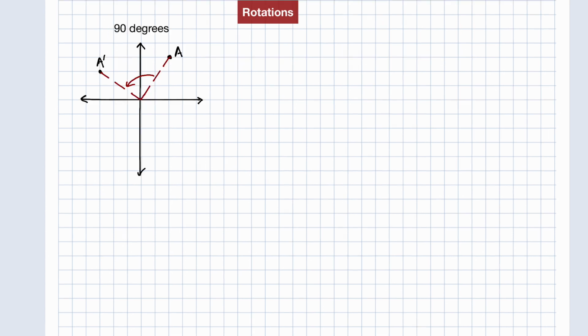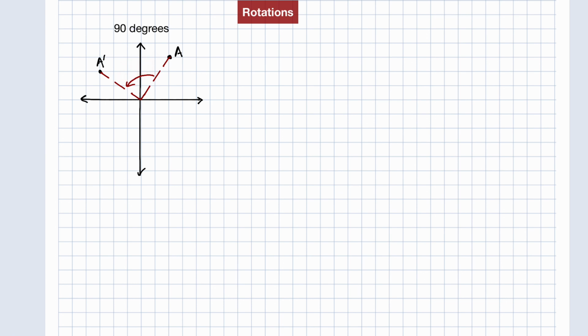Okay, so the first example is 90 degrees, and what we have here is point A, and the rotation is counterclockwise of 90 degrees. So we've got point A going to A prime, and the angle of rotation is 90 degrees.